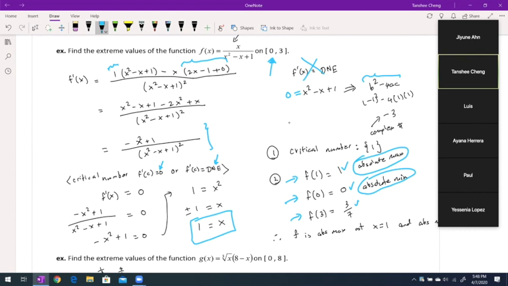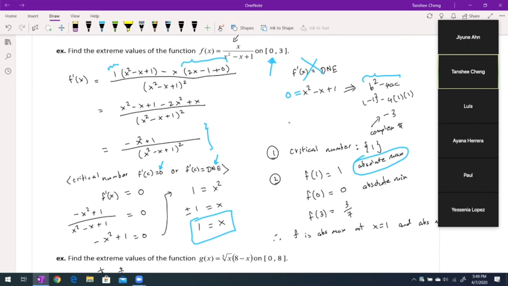So now I can interpret it: the function has an absolute maximum at x equal to 1, and an absolute minimum at x equal to 0. Remember, when you are testing, you are testing the original function, because absolute maximum and minimum happen on the graph of the original function. Okay.